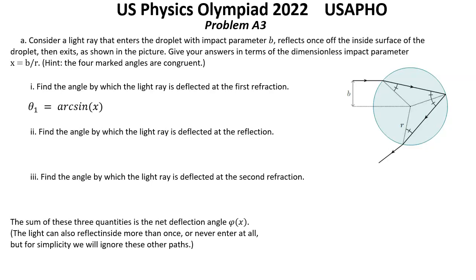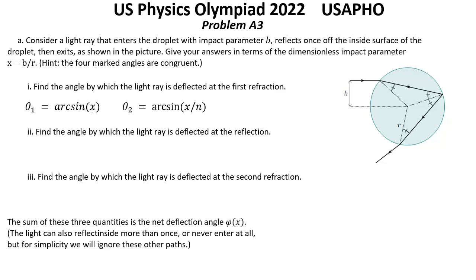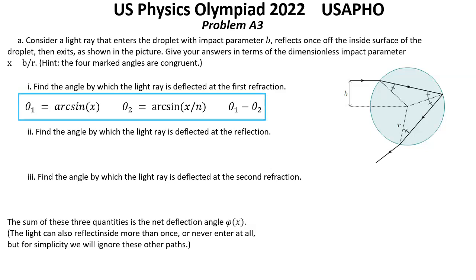By Snell's law, the angle to the normal inside the droplet is θ2 equal arcsine x over n. The first refraction causes a deflection of θ1 minus θ2 clockwise. So that was the answer for question I.